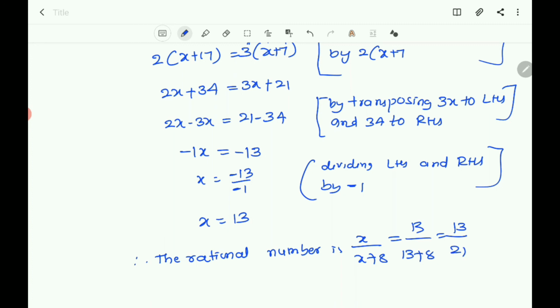So what is the rational number here? The rational number is 13 by 21. And here that chapter is completed. That is the end of the exercise.